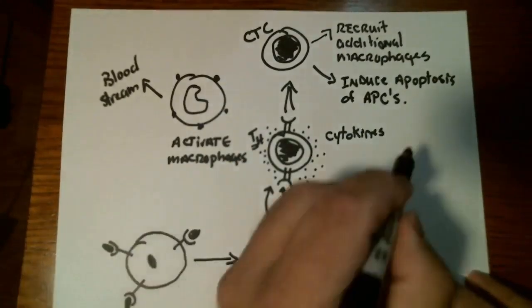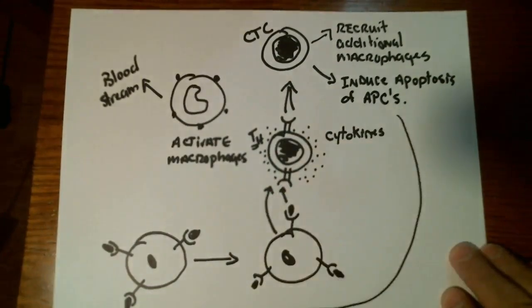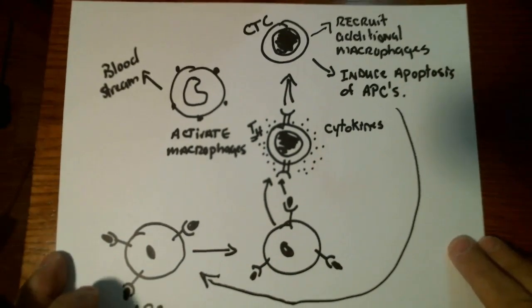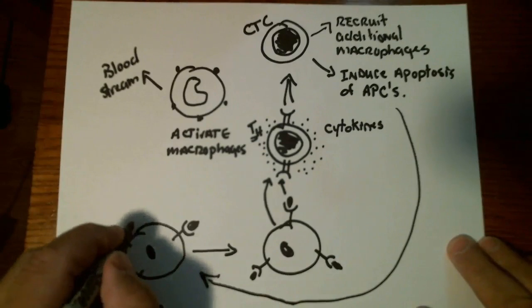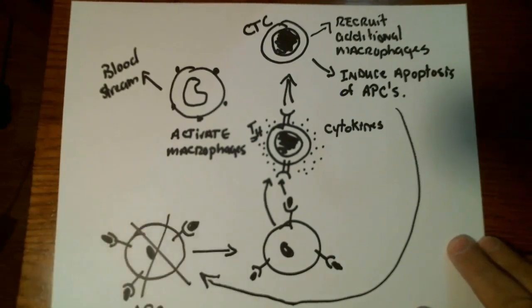So what it'll do is the cytotoxic T cell will go to the original antigen-presenting cell and say, kind of, thank you very much. We appreciate what you've done for us. Now you need to be destroyed. You've completed your job.